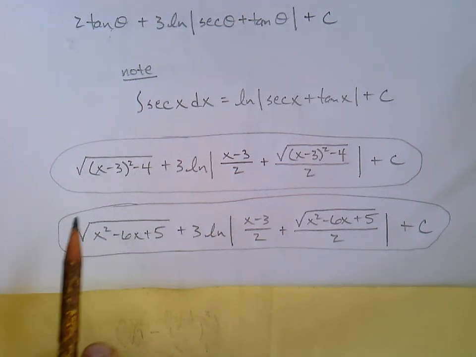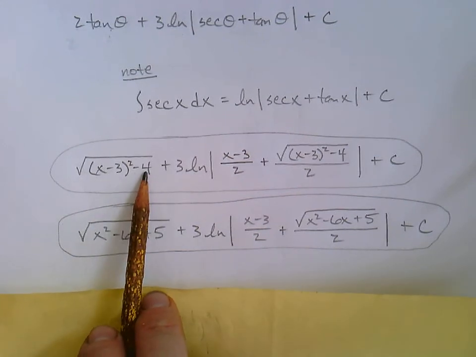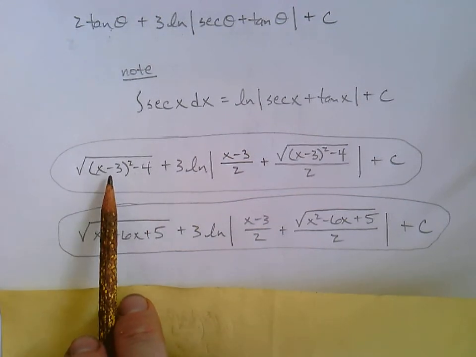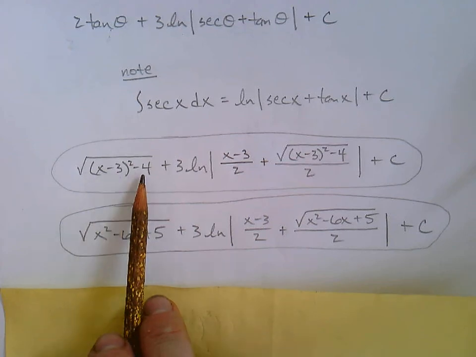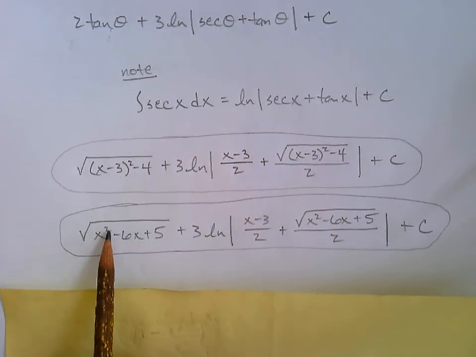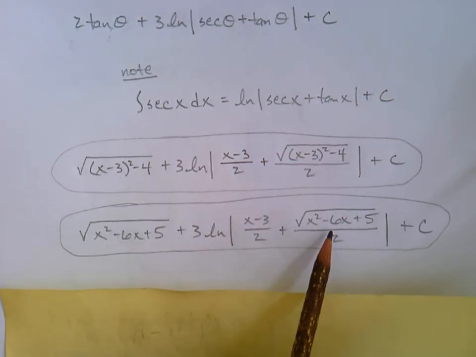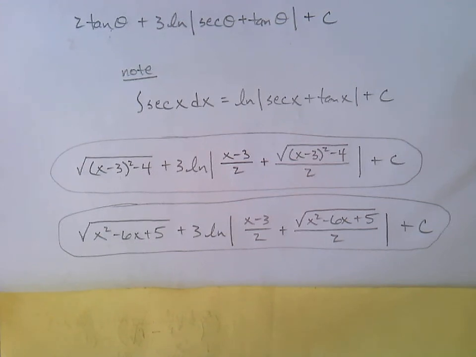Now, if they had posed the original question this way, then it might be better to answer in that same way. But since they posed the original question this way, you're going the extra mile to meet the preferences of the question asker by answering in the same way that it was put forth.